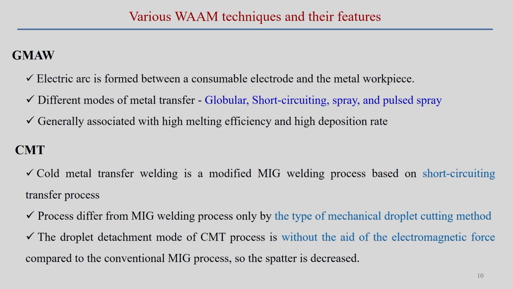In the CMT process the metal transfer normally happens in short circuit mode, and some kind of mechanical detachment technique is utilized. It is not the gradual or normal way the metal transfer happens in gas metal arc welding.